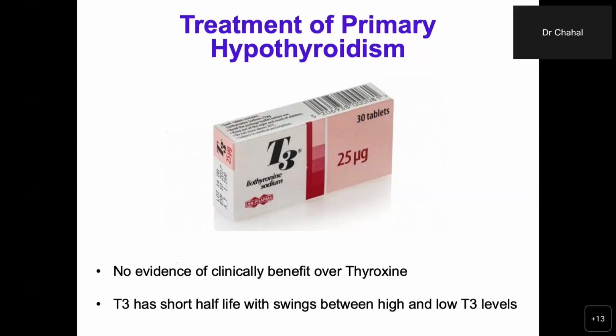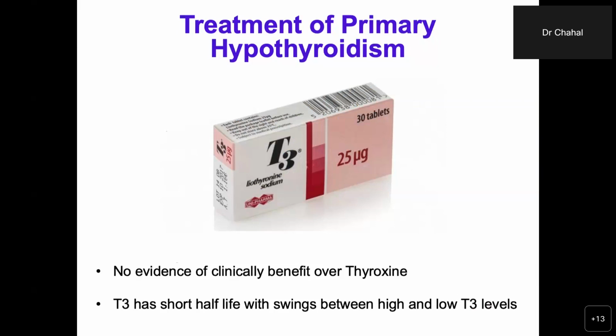But T3, liothyronine, can also be given for thyroid replacement, but it's not a conventional way to replace the thyroid. All the big bodies in the world, thyroid bodies, the American, the European, and the UK thyroid associations, carry on saying that we should not really give liothyronine or T3, which is shorter acting thyroid replacement, and it should ideally be levothyroxine.